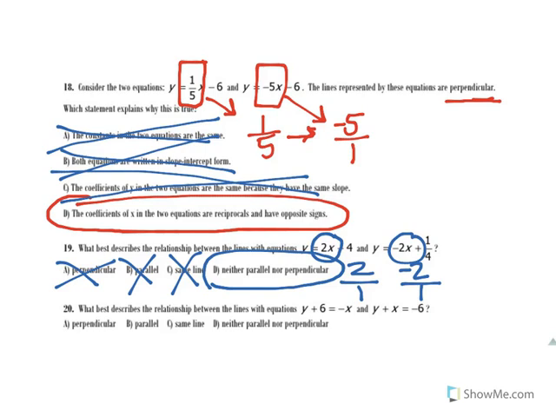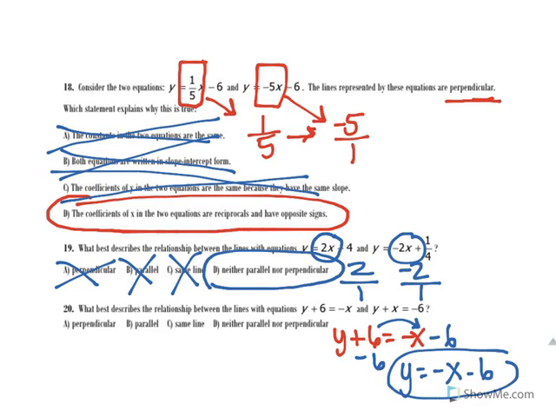Okay, so for number 20, what best describes the relationship between the lines with the equation y plus 6 equals negative x? You take y plus 6 equals negative x, and move the 6 to the opposite side, and you get y equals negative x minus 6. So y is by itself, so you can compare it now. Then you rearrange the other equation to get y by itself.